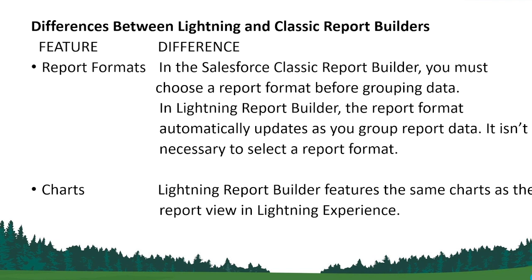When talking about the simple Salesforce Classic report builder, you are just forming a report, you are choosing a report format, and then after that you are grouping the data. But while talking about the Lightning Report Builder, the report format is automatically updating when you group the report data. So you do not need to select a report format in terms of the Lightning Report Builder.